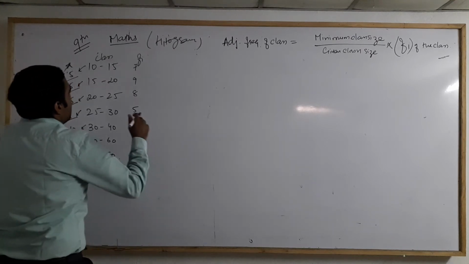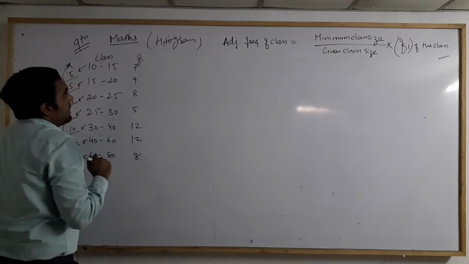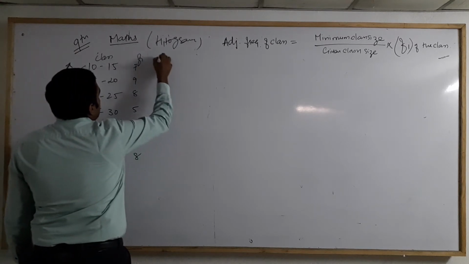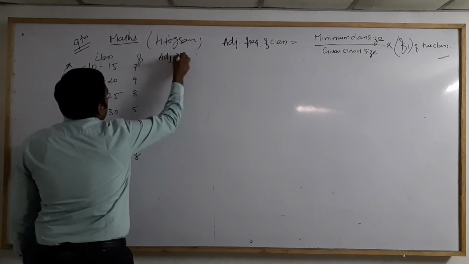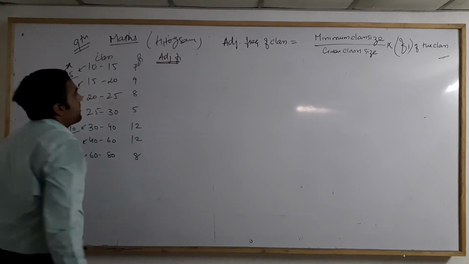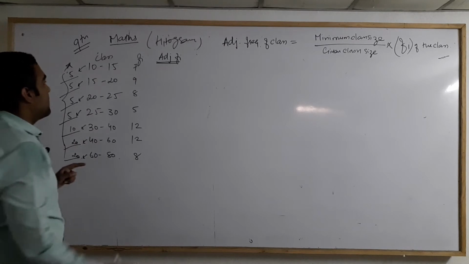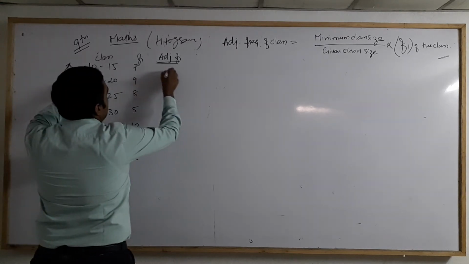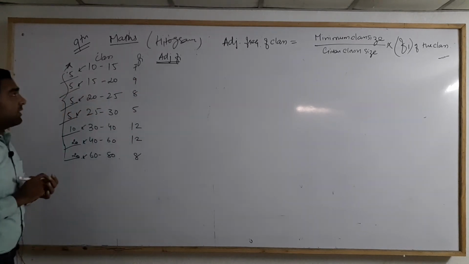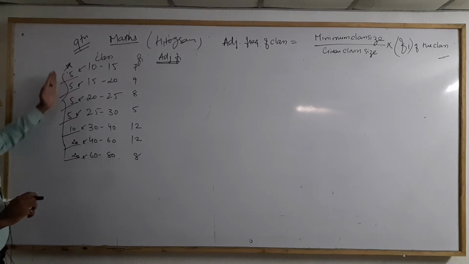So for the adjusted frequency, first we need the minimum class size upon the given class size. Students, see here the class widths are 5, 5, 5, 5, 10, 20, 20.